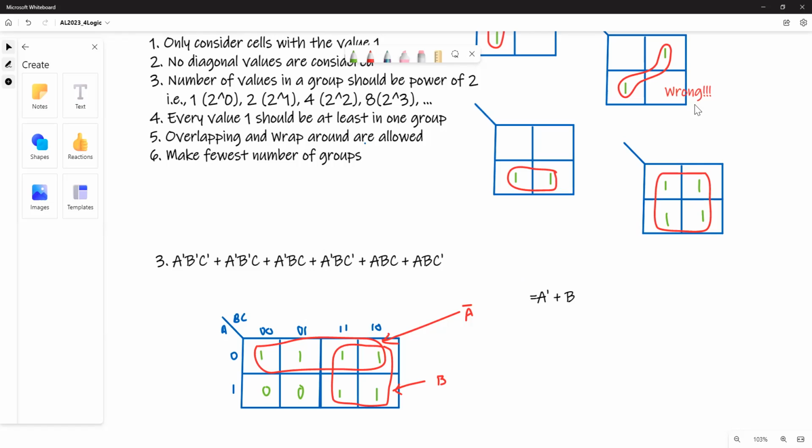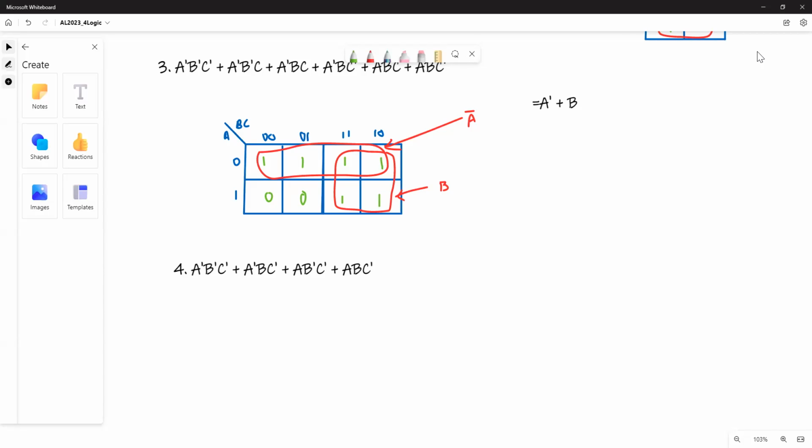Finished? So the fourth one, we have A bar, B bar, C bar plus A bar, B, C bar plus A, B bar, C bar plus A, B, C bar. Draw the Karnaugh map and try to simplify this.